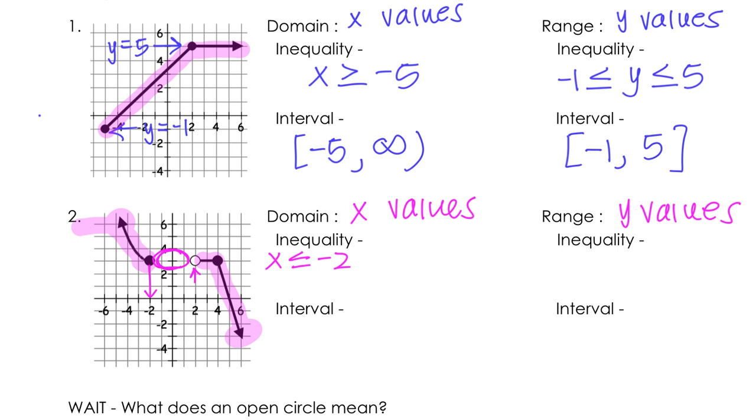We have all the x values that are less than or equal to -2 going this way from -2. And then I don't have anything between -2 and +2. But then I have x values that are greater than +2. Are they equal to +2? No, just greater than. So we have two separate inequalities there.